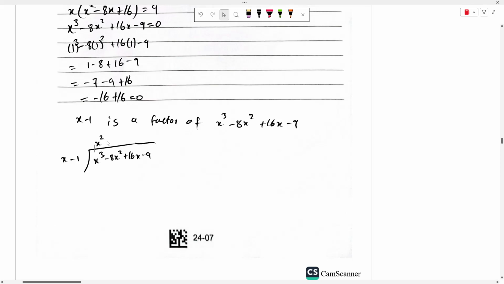Now x times x squared is x cubed like we want it. And then minus 1 times x squared is minus x squared. We can do subtraction. x cubed minus x cubed is 0. Minus 8x squared minus negative x squared, that's actually going to be negative 7x squared. Right, so we get negative 7x squared.